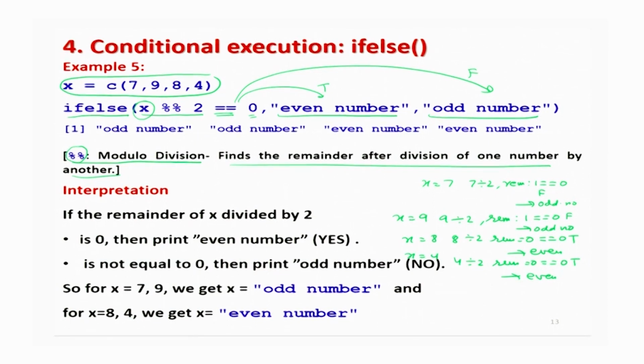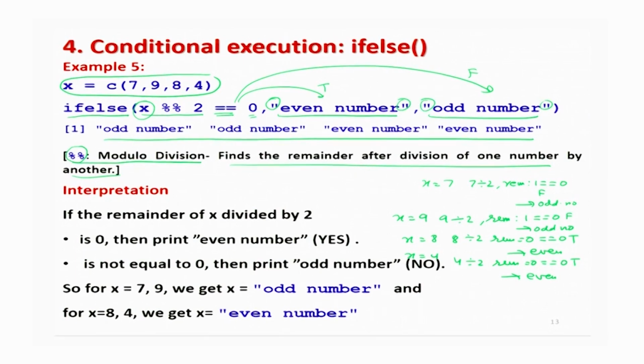And you can see that is exactly what is happening here, odd number, even number, and because you wanted to print a character, that is why you have given it inside the double quotes, right.